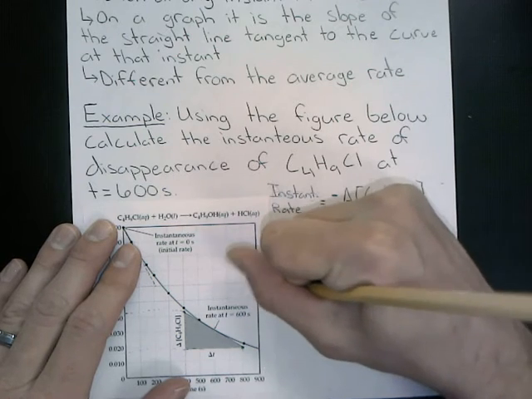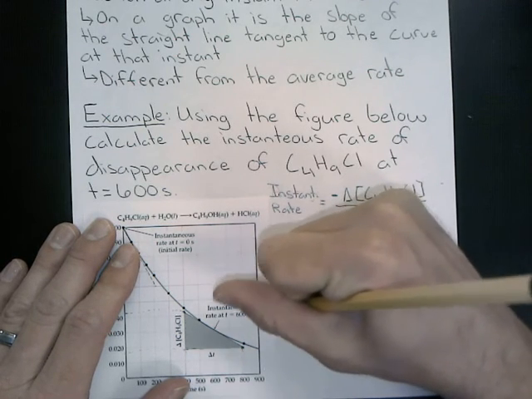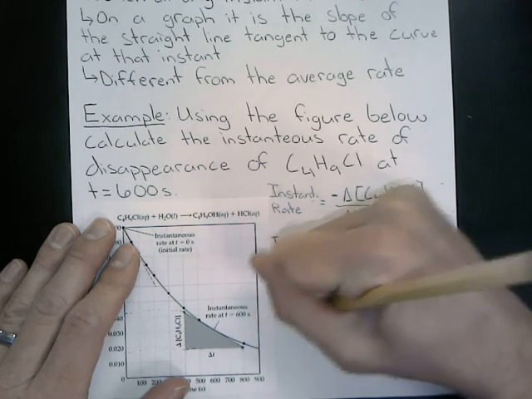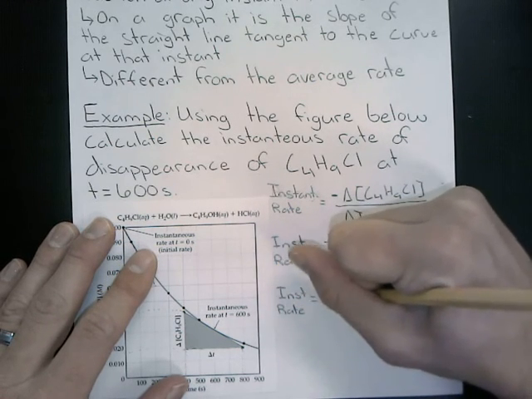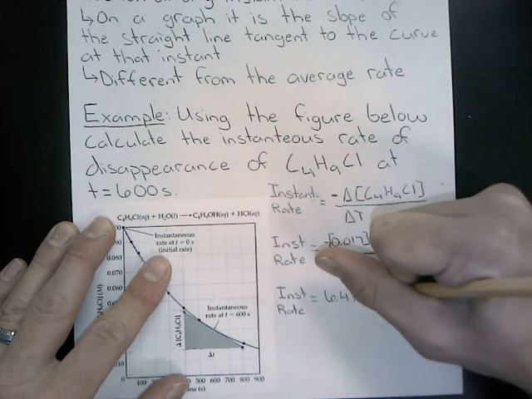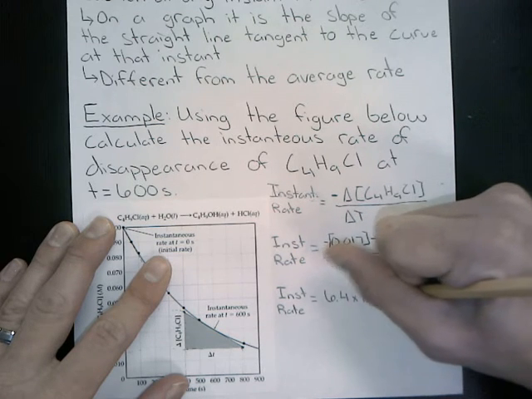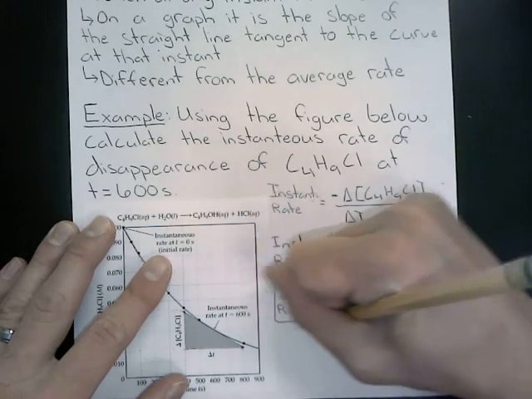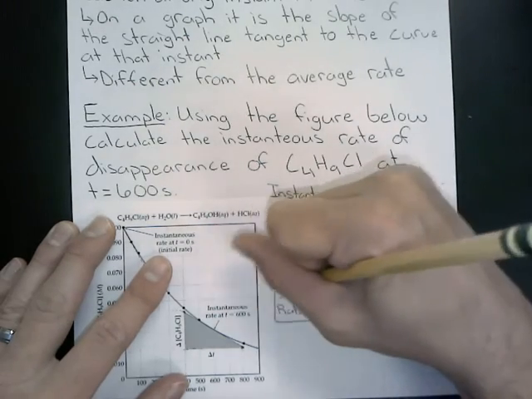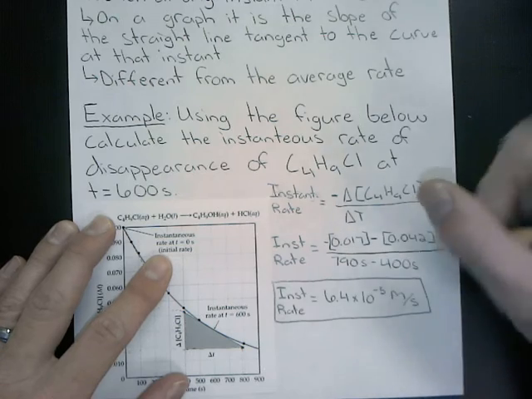Our instantaneous rate here is this: 6.4 times 10 to the negative fifth molar per second. Okay, so something to remember here that I really didn't mention as we were going through this.